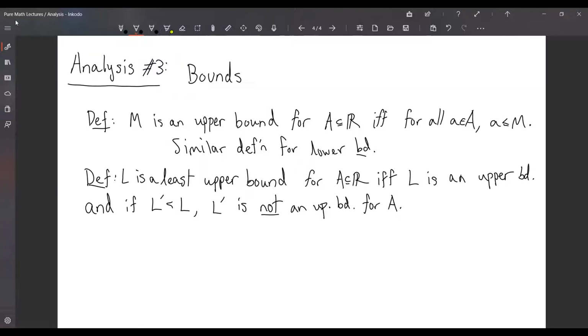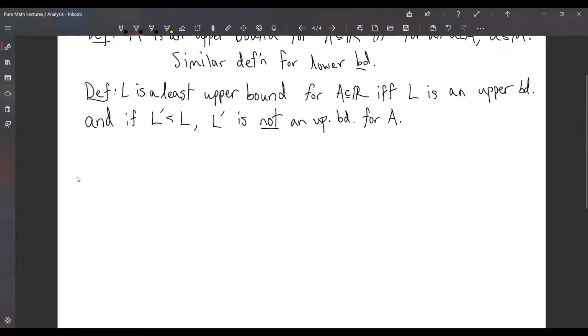And the rest of this video is going to be essentially concerned with constructing this least upper bound, right? And in particular, when does it exist?